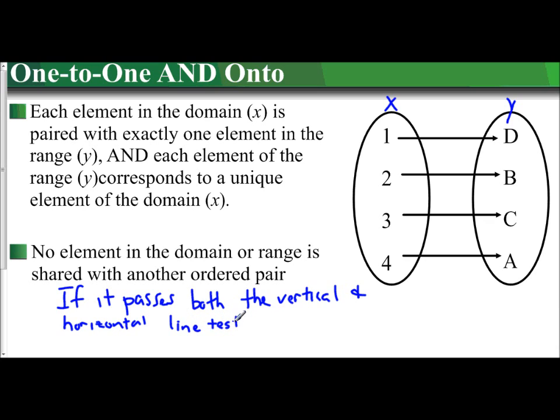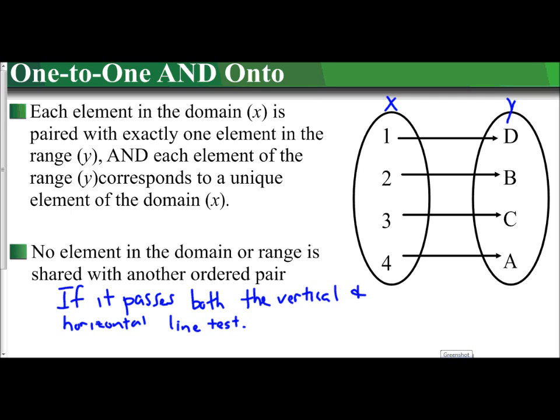If it passes both the vertical and the horizontal line test, which means they intersect only once when you sketch a vertical line, and it intersects only once when you sketch a horizontal line, then it's going to be both one-to-one and onto.